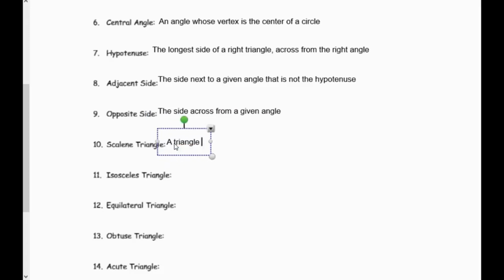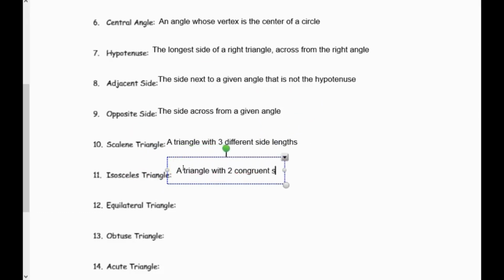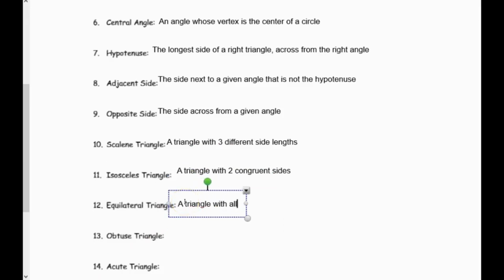A triangle with 3 different side lengths. Isosceles triangle. A triangle with 2 congruent sides. A triangle with all 3 congruent sides.